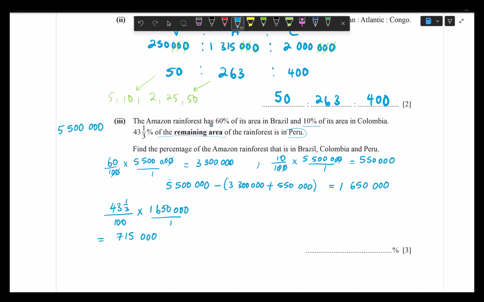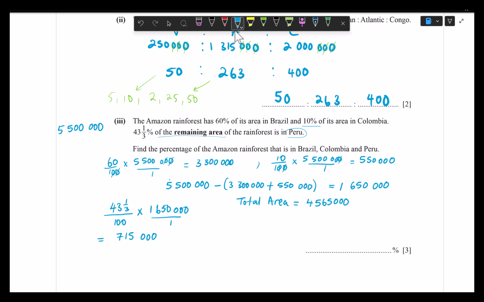Now that we have our area in these 3 different locations, we're going to add 3.3 million plus 550,000 plus 715,000 together. And by adding these, we get our answer as total area, which is equal to 4,565,000. So this is the total area that we have calculated by adding this figure and this figure, and lastly this figure.